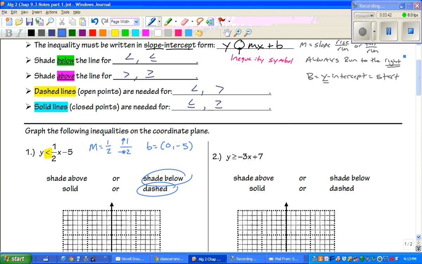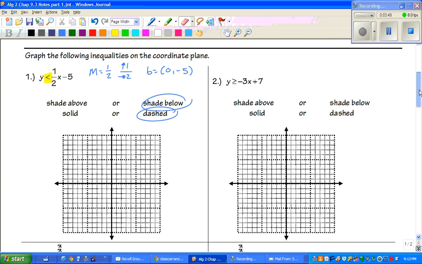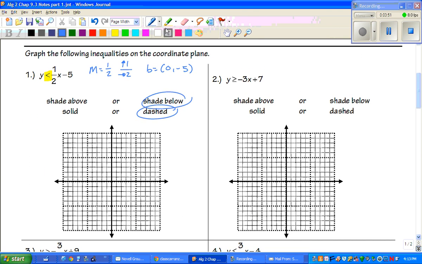So I'm looking at all of this information up here, and I'm just matching. I start at (0, -5), and it's open, and I go up 1 over 2, up 1 over 2. Every time I'm at a point, I make an open circle, and I complete the pattern for the entire length.